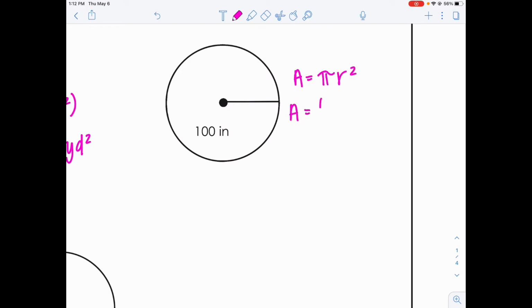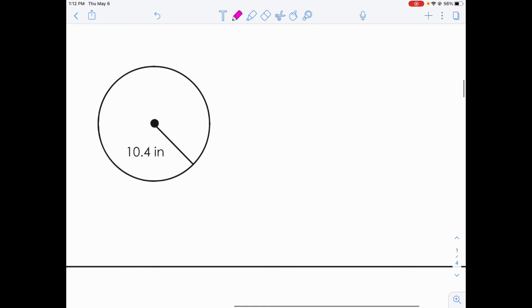Area is 3.14 times 100 squared. Plugging it all into my calculator, 3.14 times 100 squared gives me an area of 31,400 inches squared.